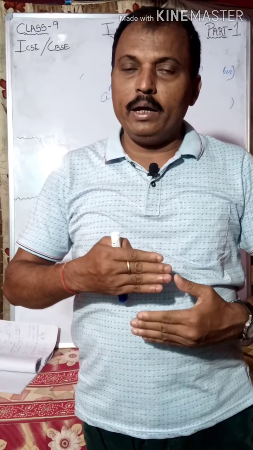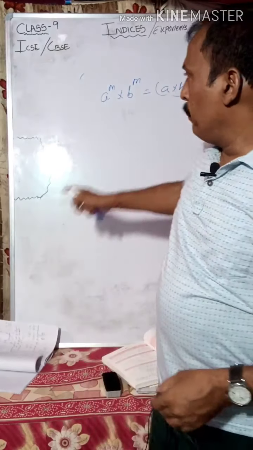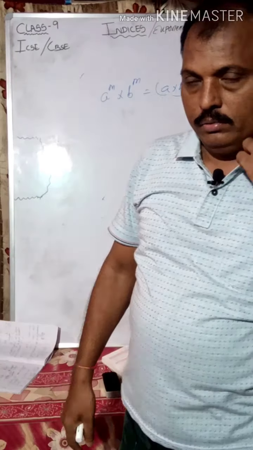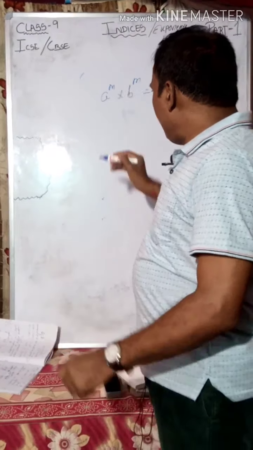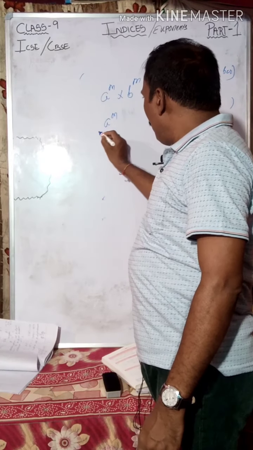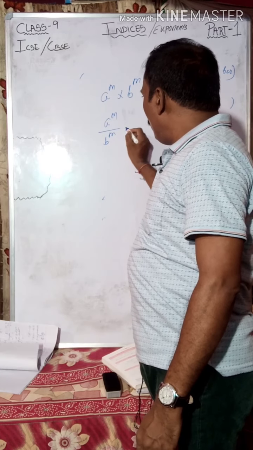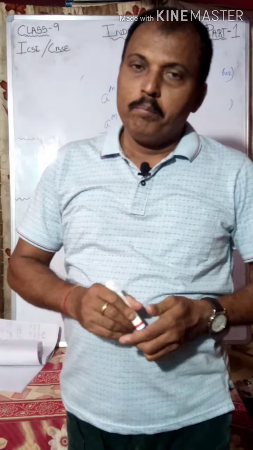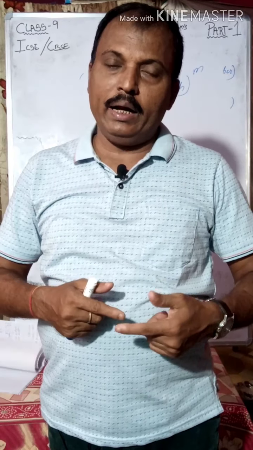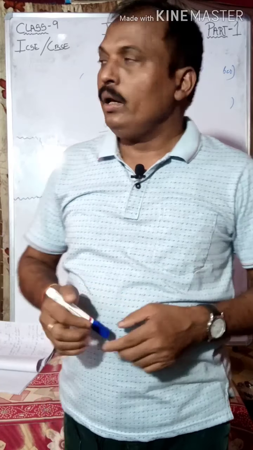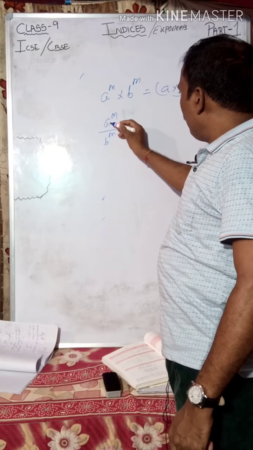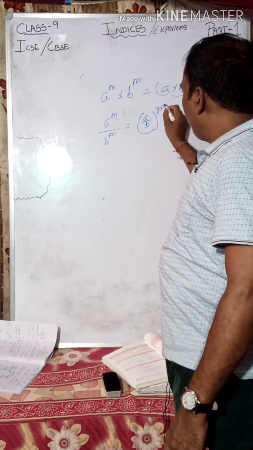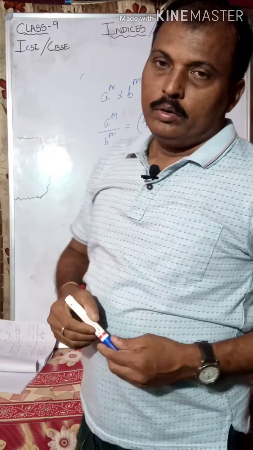Their product is equal to base into base, to the power index. Likewise, a to the power m upon b to the power m, when bases are different and indices are the same but they are divided, is base upon base, a upon b to the power m.